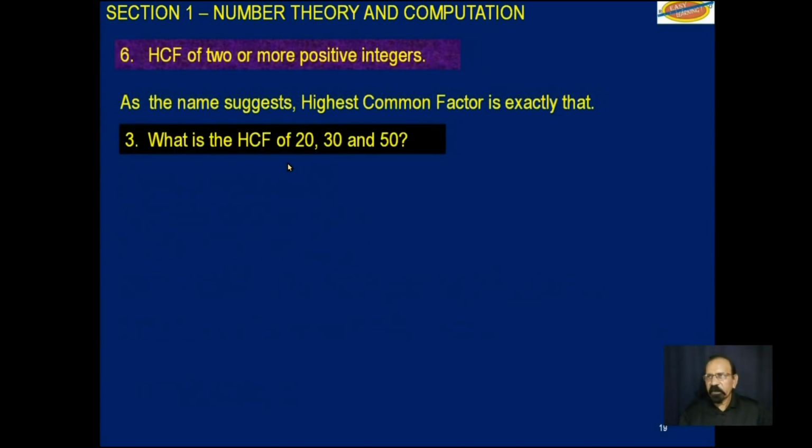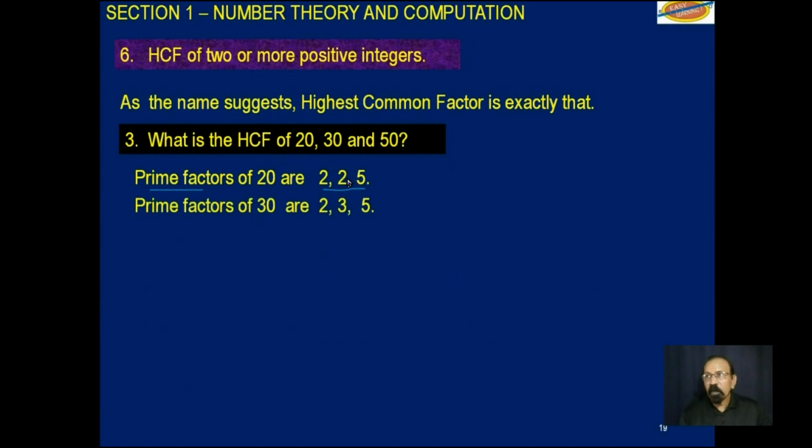Let's try a third example. 20, 30, and 50. The prime factors of 20 are 2, 2, and 5. Remember, we'll write down each one. The prime factors of 30 are 2, 3, and 5. The prime factors of 50 are 2, 5, and 5.